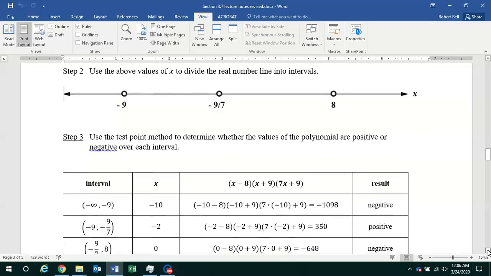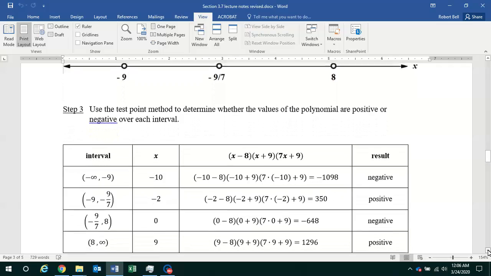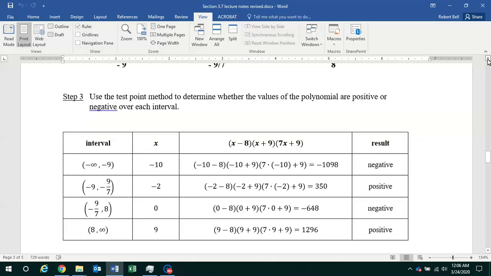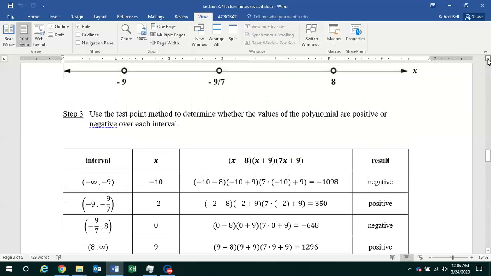And so the first interval in the test point method goes from -infinity to -9. The second interval goes from -9 to -9/7. The third interval goes from -9/7 to 8. And the fourth interval goes from 8 to infinity. And you can see that from the real number line.